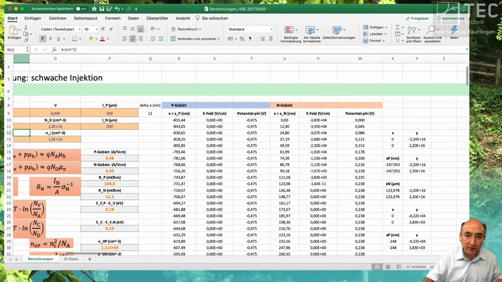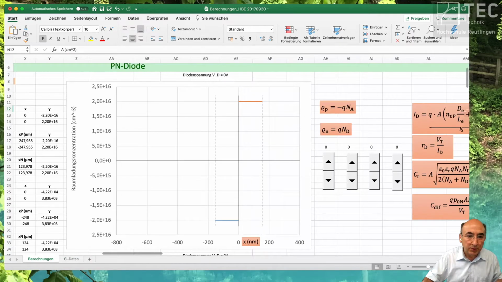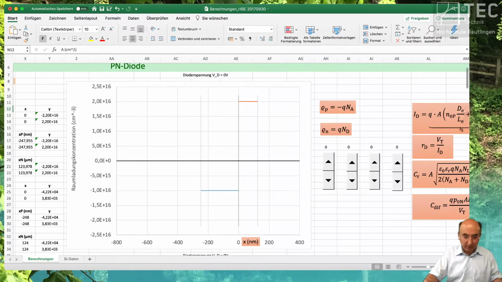And if you give in these values, we should see exactly this one. You see? Constant value at 1, constant value at 2, and the space charge boundaries are also sketched into this Excel diagram.